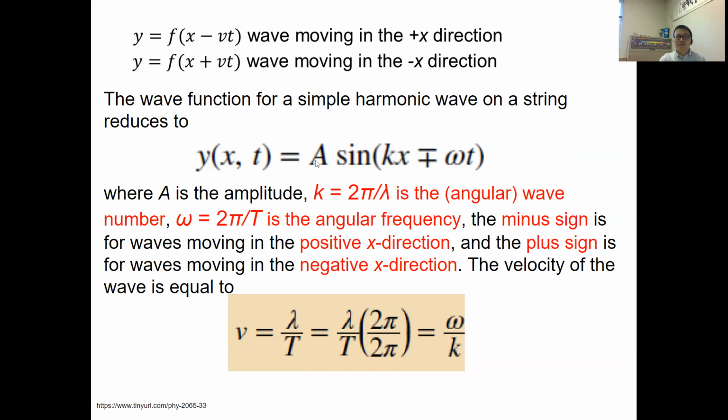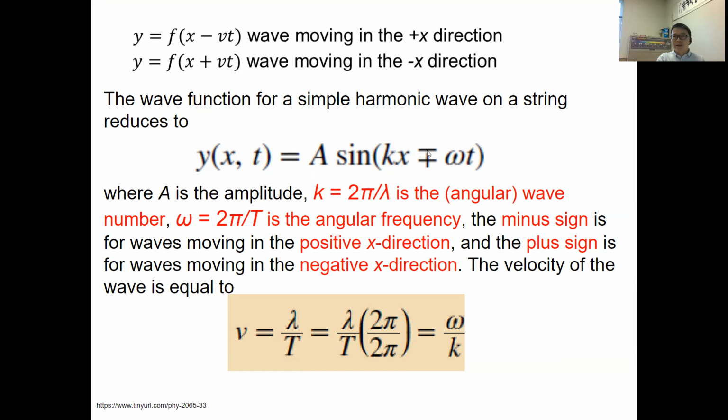Or in terms of wave number and angular frequency, y as a function of x and t should be equal to a sine or cosine function, it doesn't matter. They are just a shift of each other. So sine of kx, where k is equal to 2 pi over lambda, that's called the wave number, and omega is equal to 2 pi over T, where T is the period and omega is the angular frequency.